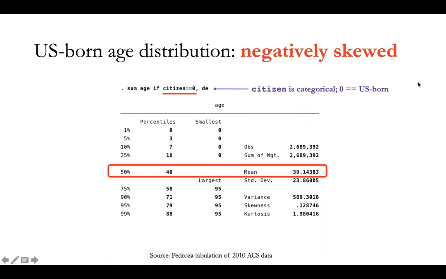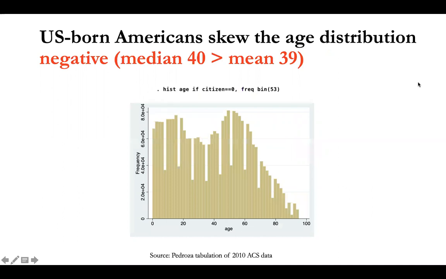And this histogram shows why it is skewed. Here we have the median at 40, which is greater than 39. It's not a symmetrical distribution. It actually also looks like it's bimodal, right? It's bimodal and negatively skewed.